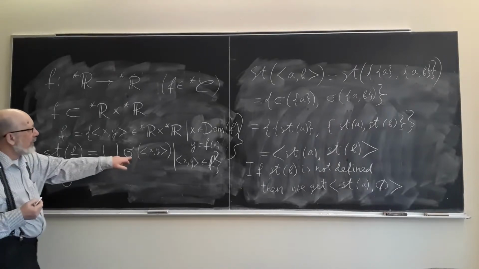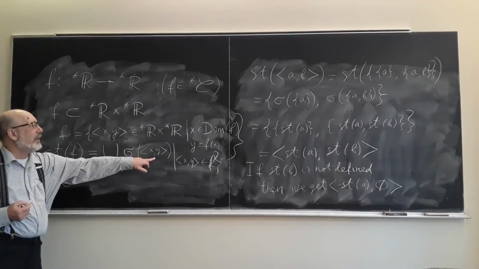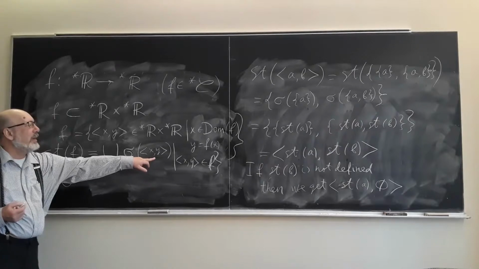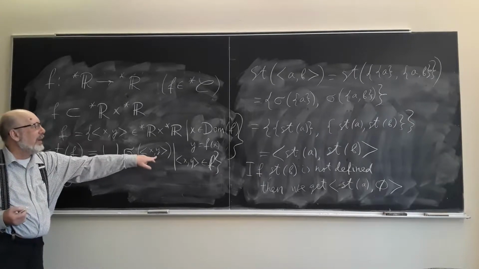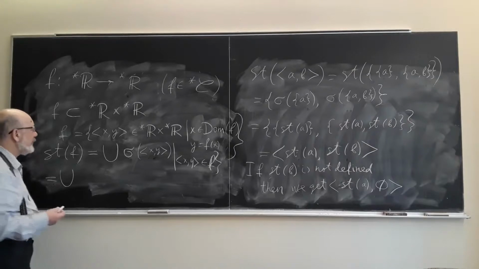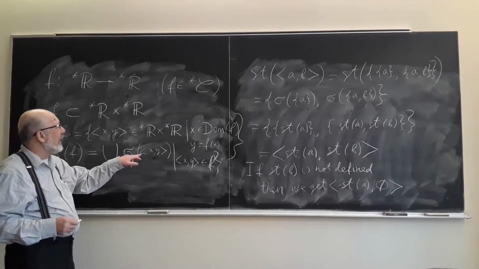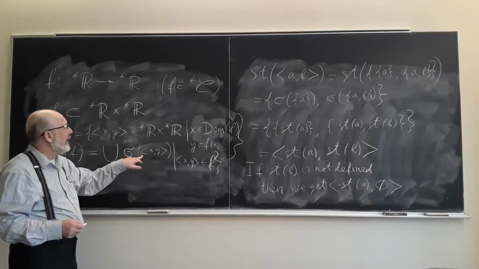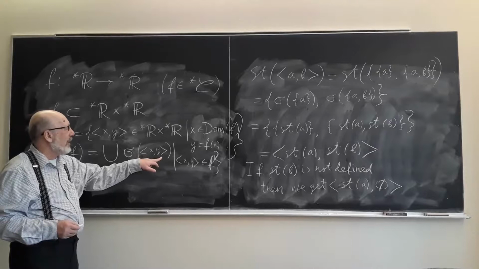We have to take all (x, y) in our graph and take their standard parts, because we already found that sigma of (x, y) is either the standard part of this pair or the empty set.